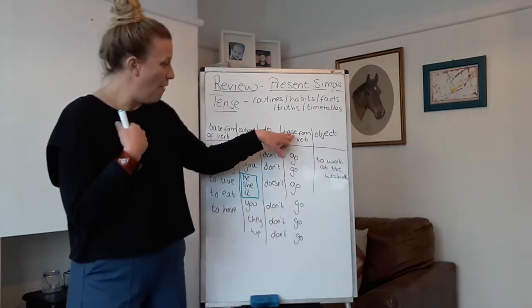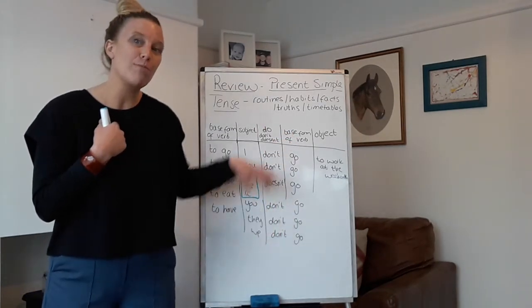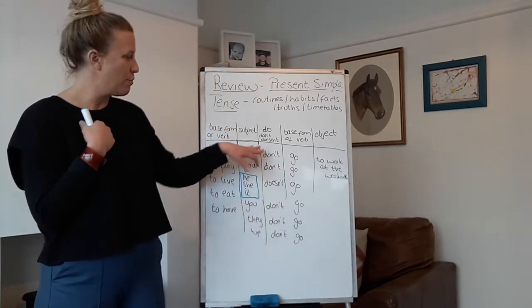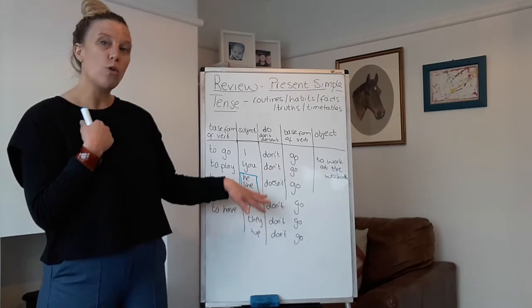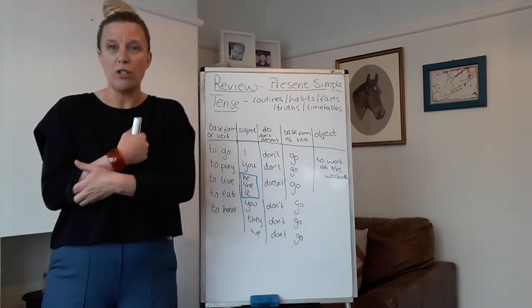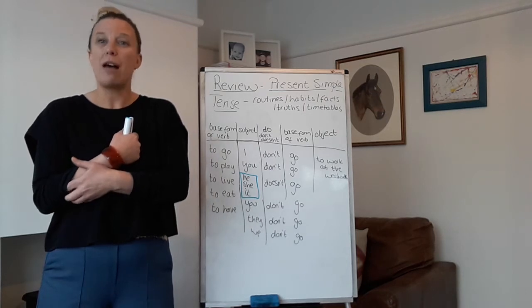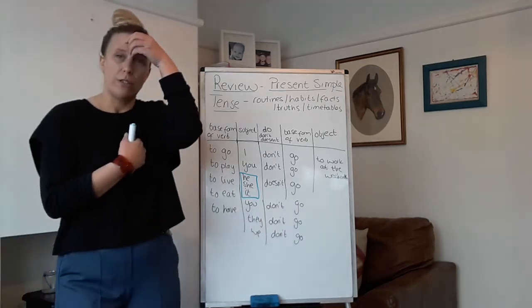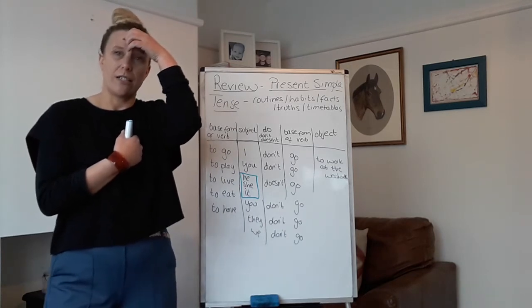So our present simple verb goes back to the base form when we make it a negative statement because we add in don't or doesn't. And remember, do not becomes don't, does not becomes doesn't. So practice that pronunciation. Don't, doesn't.